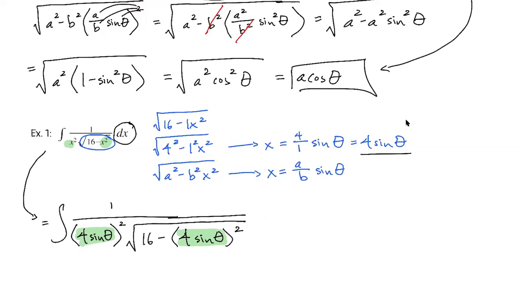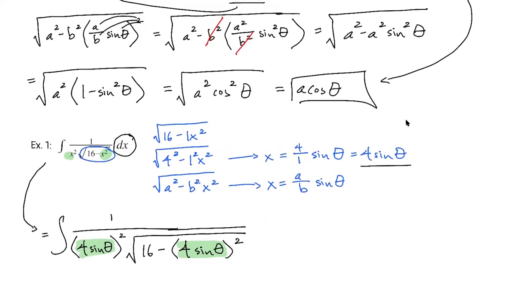So what I'm going to do is go back to my x. I said that x equals 4 sine theta. What does that make dx? dx equals 4 cosine theta. Yeah, 4 stays, right? The derivative of sine is cosine theta.